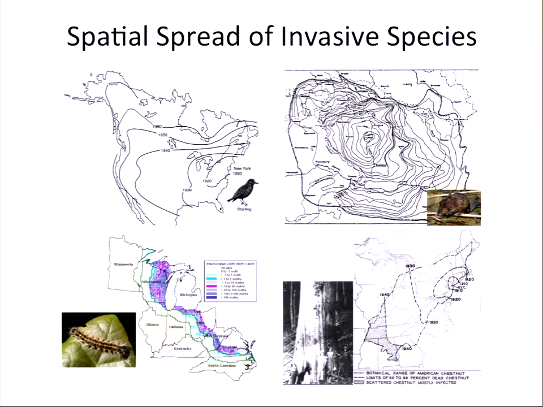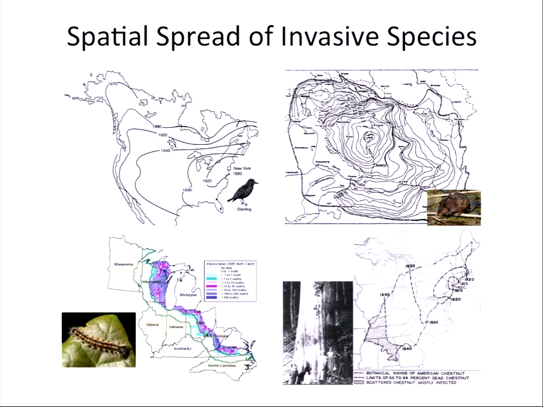One aspect of biological invasions that society and ecologists are very concerned about is spatial spread. An invader gets introduced to a place, but its ultimate impact is really determined by how far and how fast it spreads. And typically we think of spread as a process of range expansion that occurs over decades, maybe even centuries, and over relatively large geographic scales. The rate and dynamics of spread are really important to management.